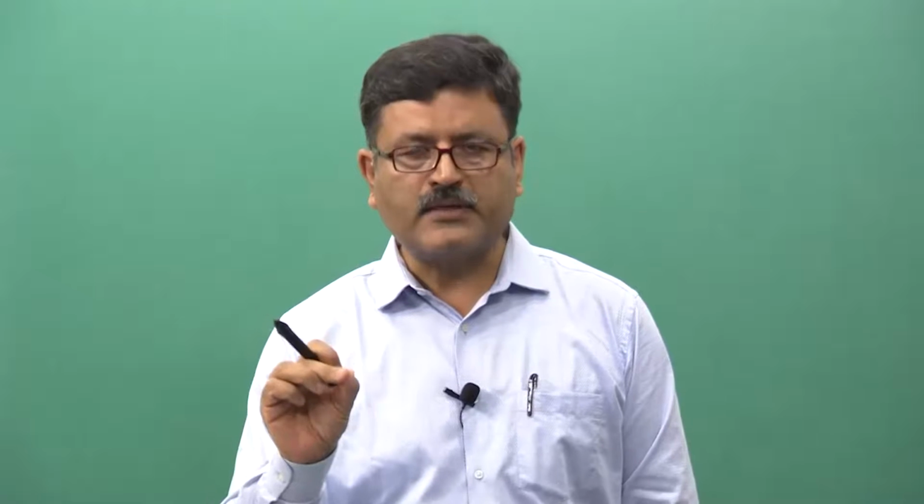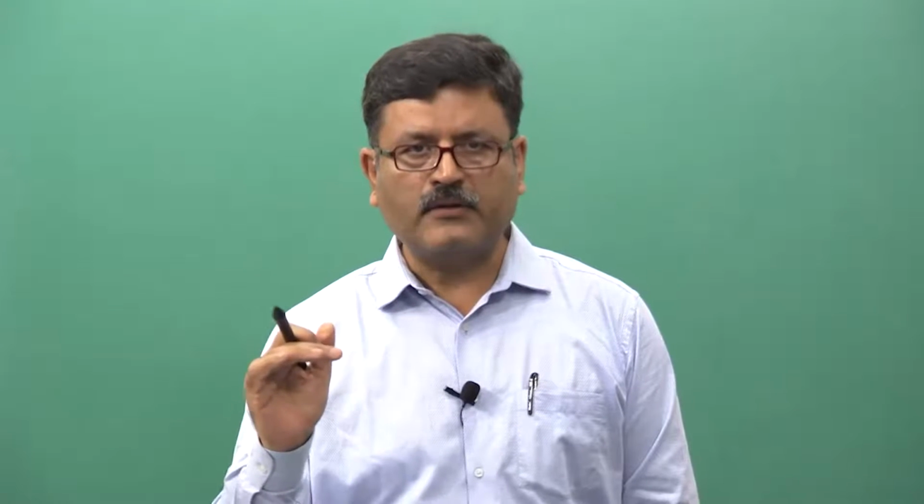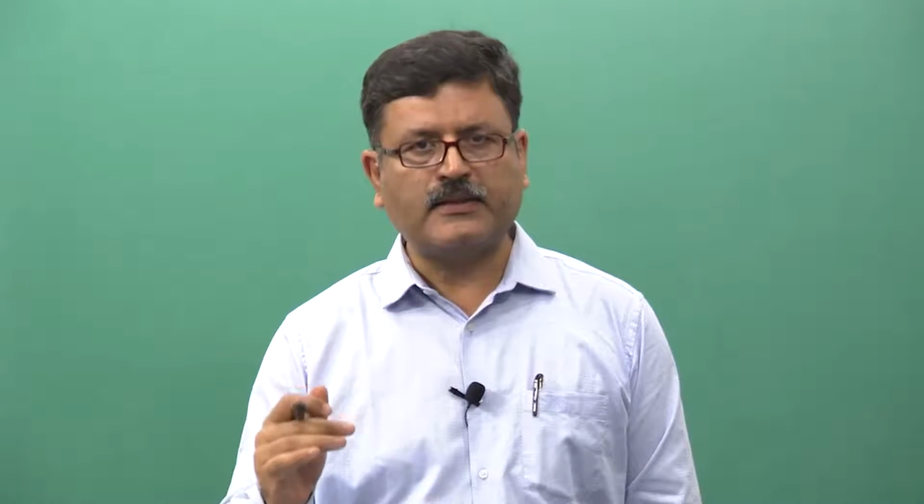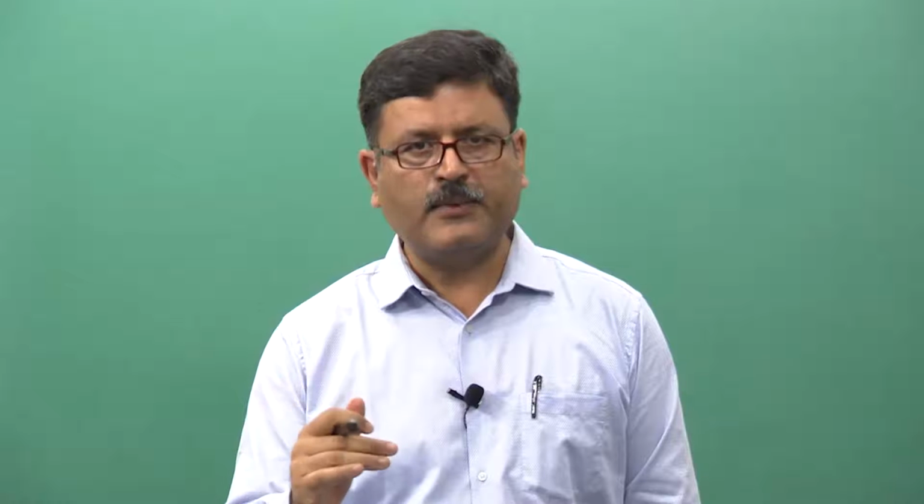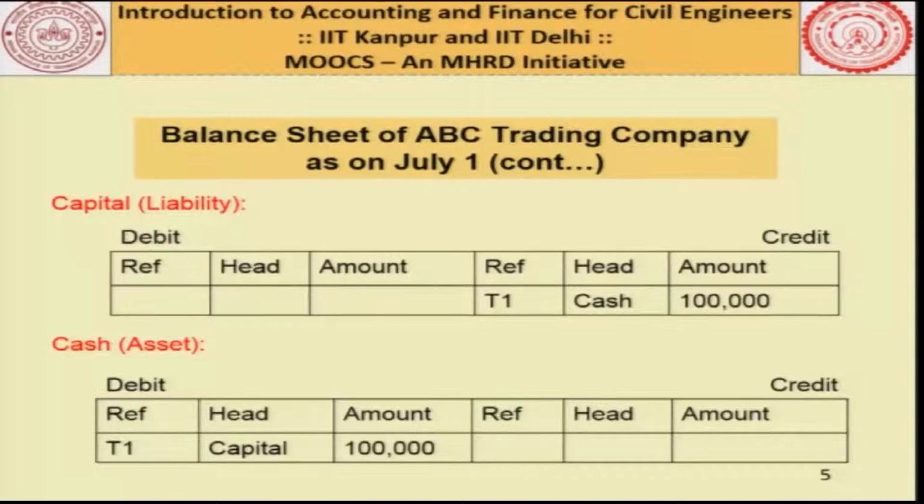So, in this case you found that due to this one transaction you can record some values under assets and other values under the liability column, and in this case asset is in the form of cash and liability is in the form of initial capital, and both are matching. Now let us look at other transactions. This part, recording it under different T accounts, we will come to a little later.